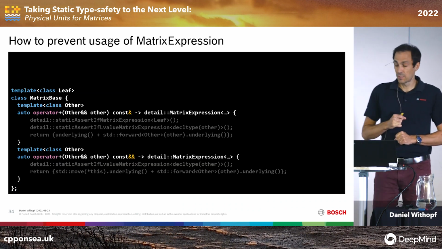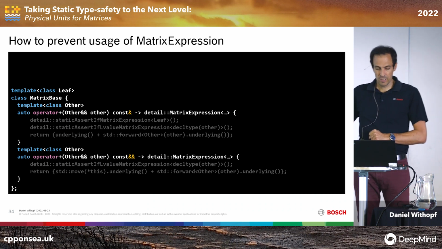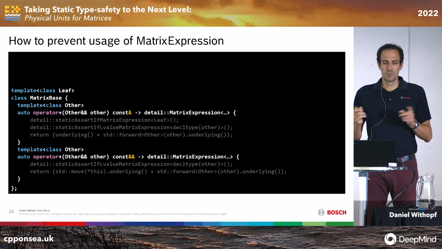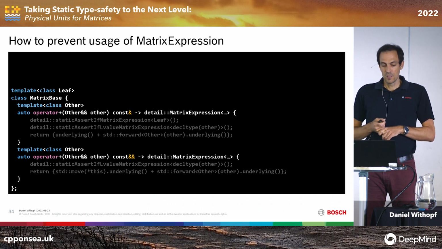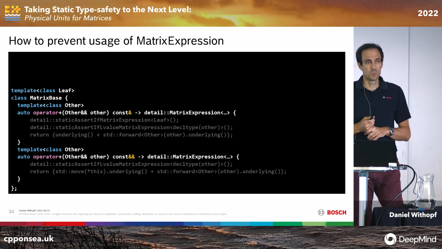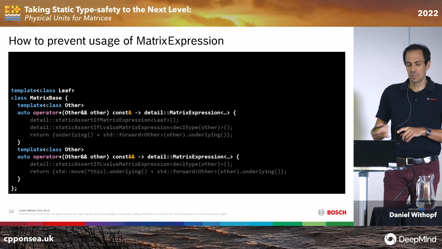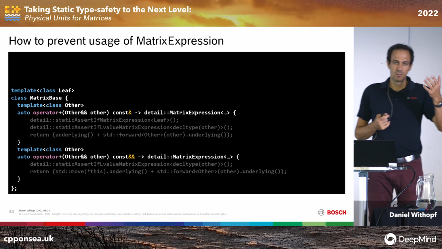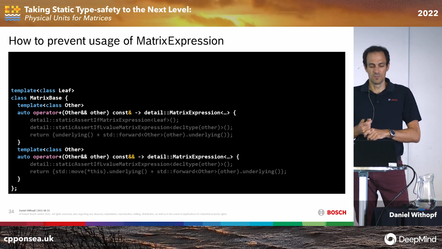Okay, how can this be done? So we're moving back to the addition operator that I showed in the beginning, and we now need two overloads of that operator. The first one has an L-value reference qualifier, that's the one ampersand, and the second one has an R-value reference qualifier, meaning we're dispatching to different methods depending on whether we're in a temporary, so an R-value, or an L-value named variable.